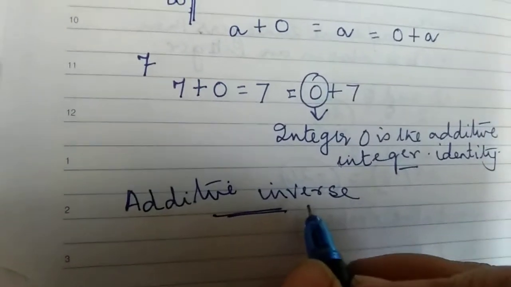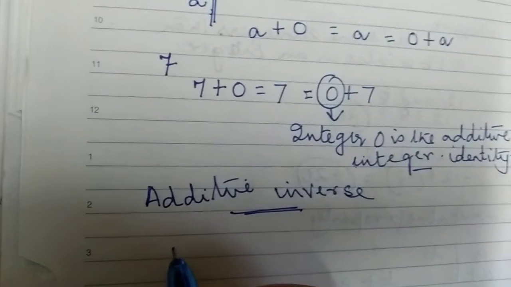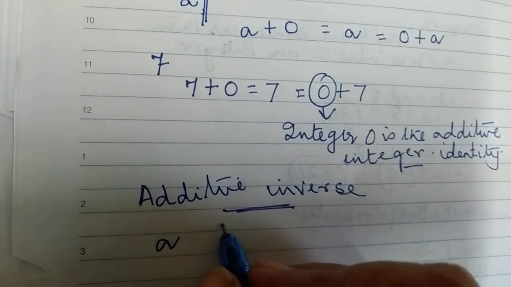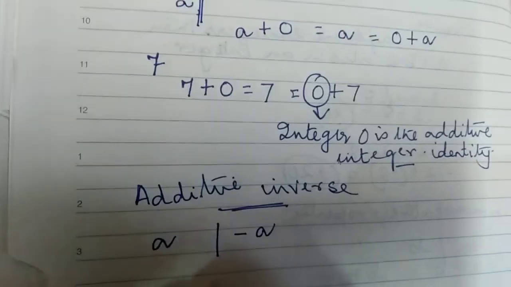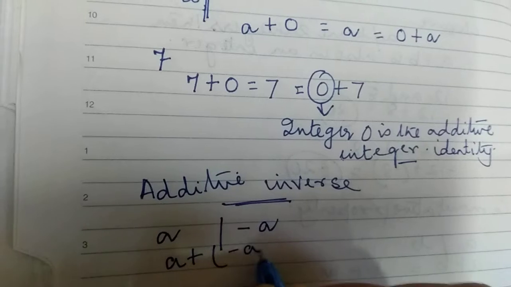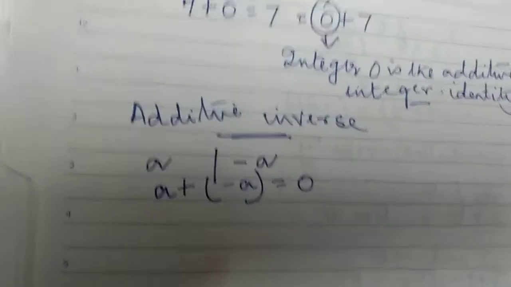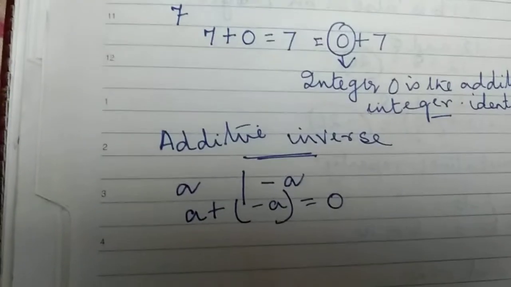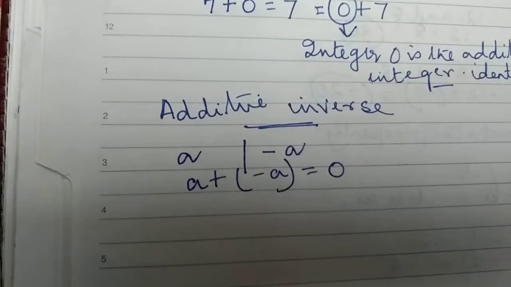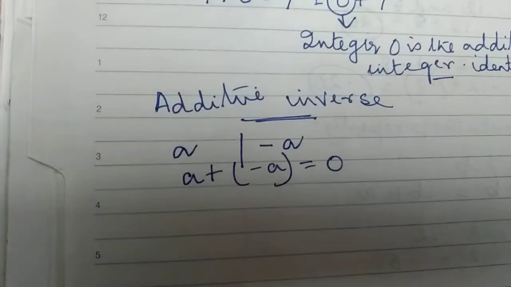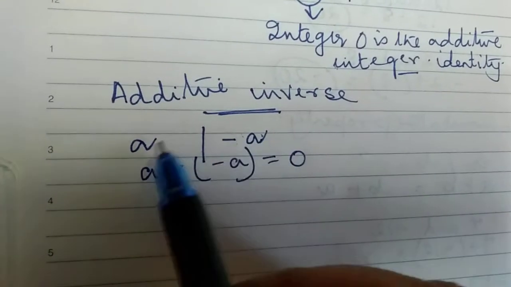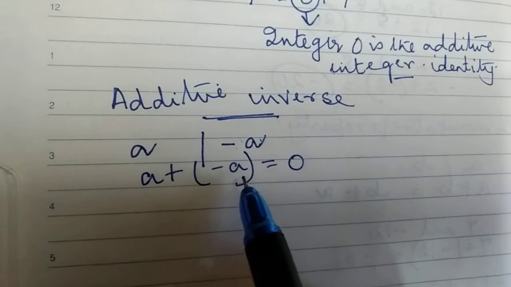Now if I have an integer a, there will always be another integer minus a, such that if I add up these two integers, I should get the result as 0. Did you get my point? Listen carefully again. If I have an integer a, then there should be another integer which is minus a, so that if I add up these two integers, I should get the result as 0.